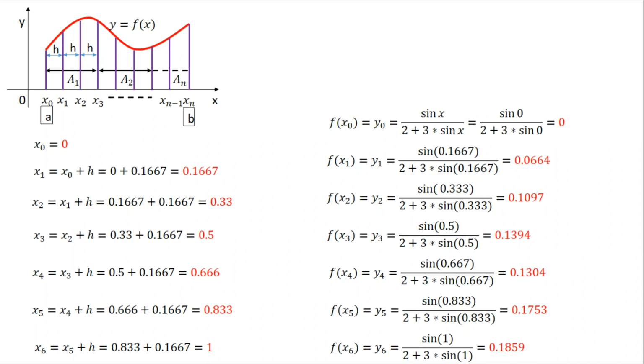And last, f of x6 is y6, equal to sine 1 upon 2 plus 3 into sine 1, equals 0.1859.